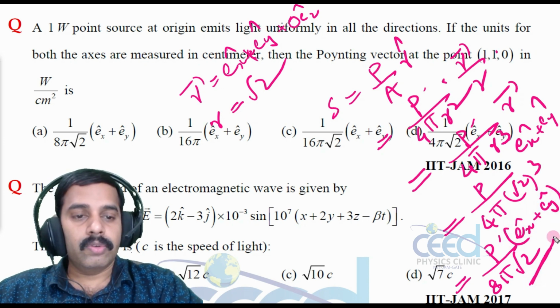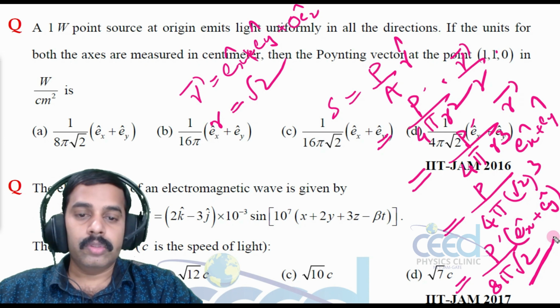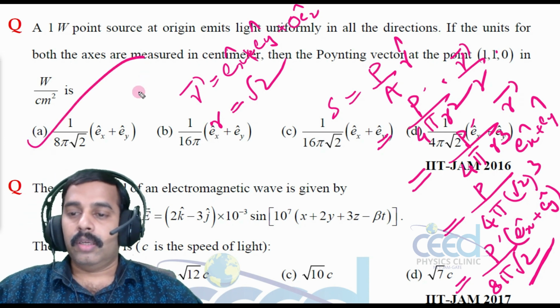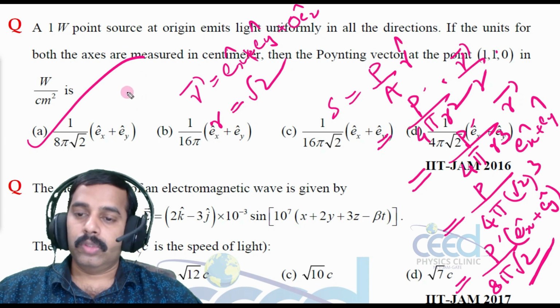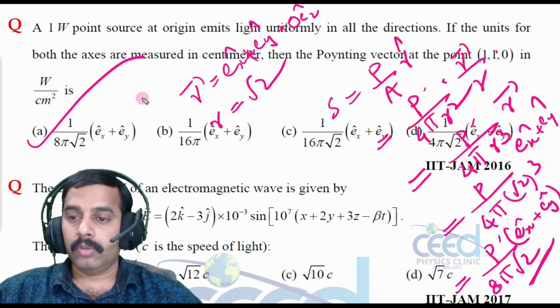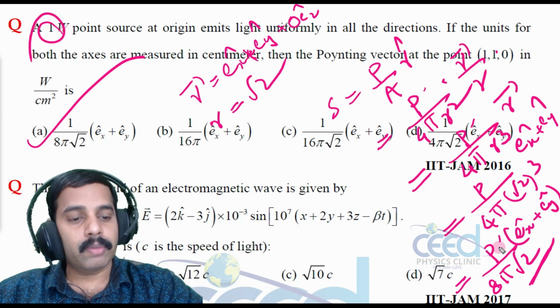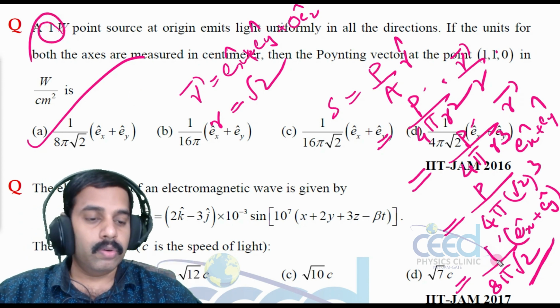All right, so this will be the answer. So option A is correct, 8 pi root 2 ex cap plus ey cap. And power is given here, that is 1 watt, so P we can replace with 1. All right.